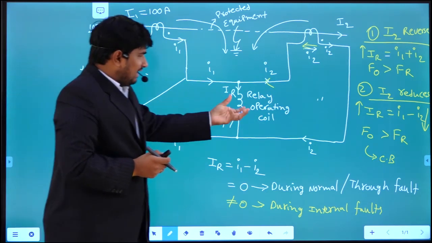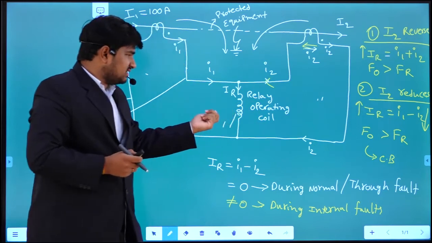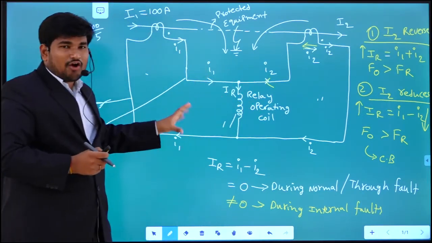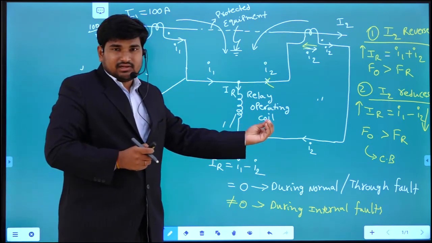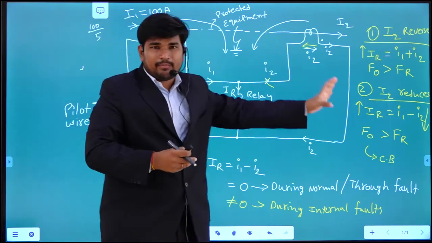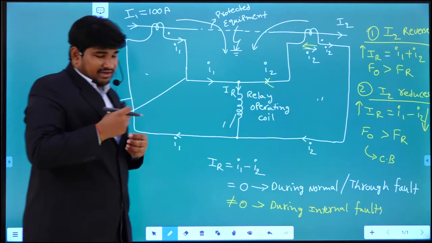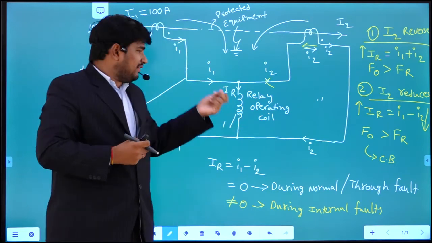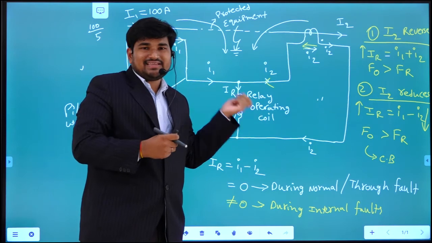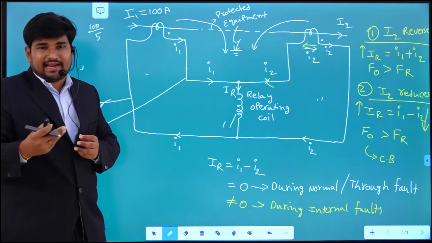While analyzing the circuit, I discussed that the operating coil is placed at the equidistance point of the pilot wire. If you have hundreds of kilometers of pilot wires, it is very difficult to find where the equidistance point is. So that is one difficulty.